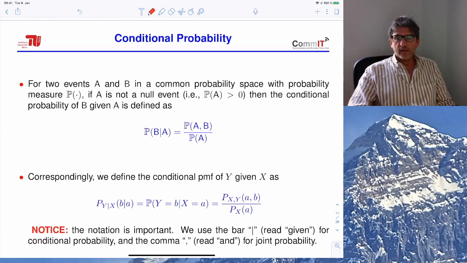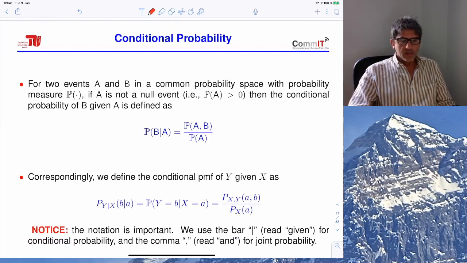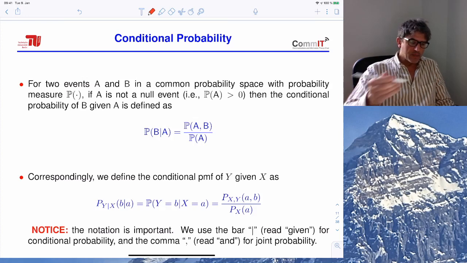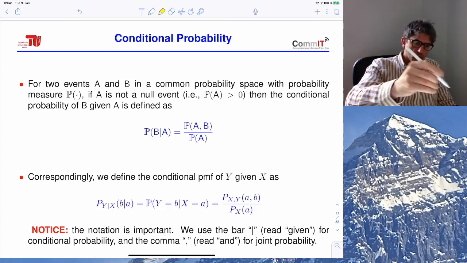Another important concept is the concept of conditional probability. So I will not tell you now all the story about events and probability spaces. This is something that you should know. Let me just remind that if we have two events in a common probability space with a probability measure P. Oh, by the way, I didn't say before, sorry, I say it now.